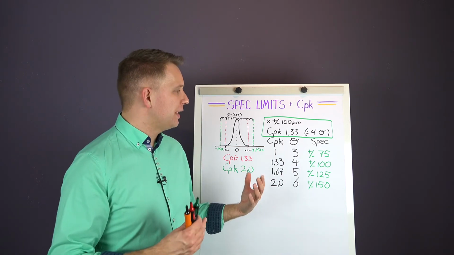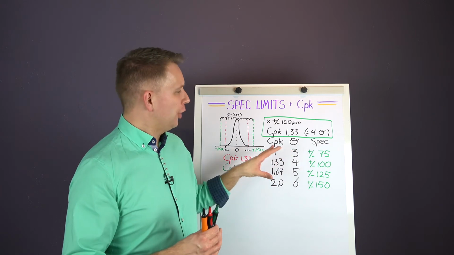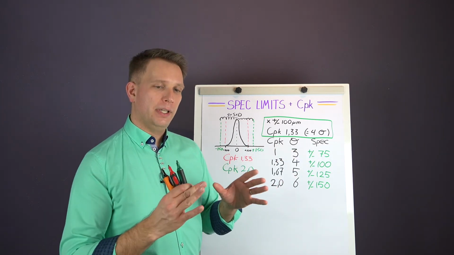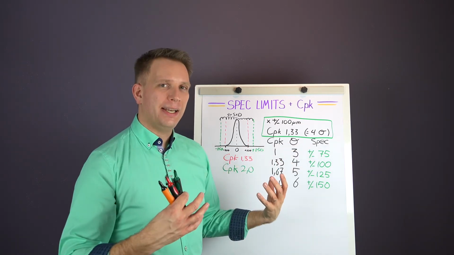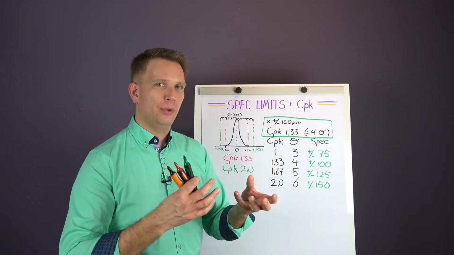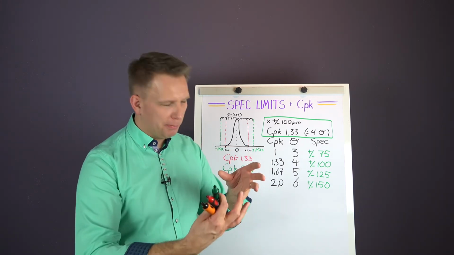Because if you design a process where this part can only have about 75 micrometers of tolerance, and as soon as it gets outside of that limit, you will see that it jams into a machine, or it doesn't fully fit into the next part, the container part.